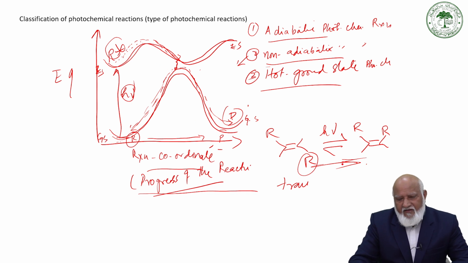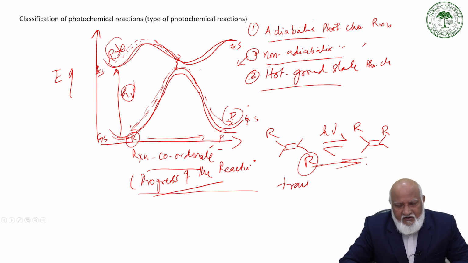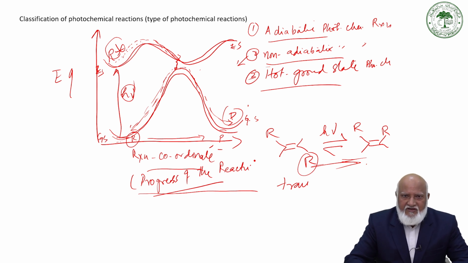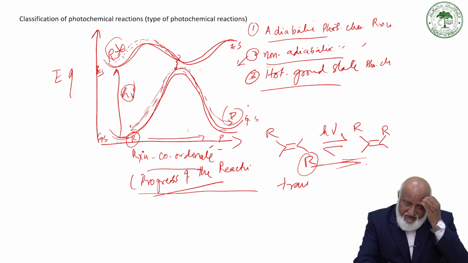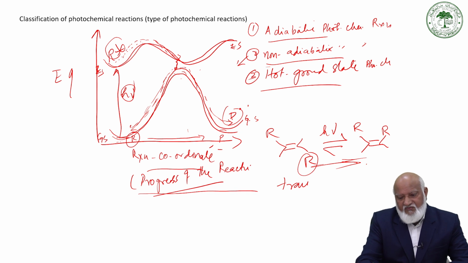And this goes via a non-adiabatic photochemical reaction, where the excited state curve and the ground state curve come very close to each other during the course of the reaction. The excited state reactant at one stage can switch over to the ground state curve, and the rest of the reaction takes place on the ground state curve, and there is a possibility of coming back to the ground state, and there is a possibility to transform to the product.